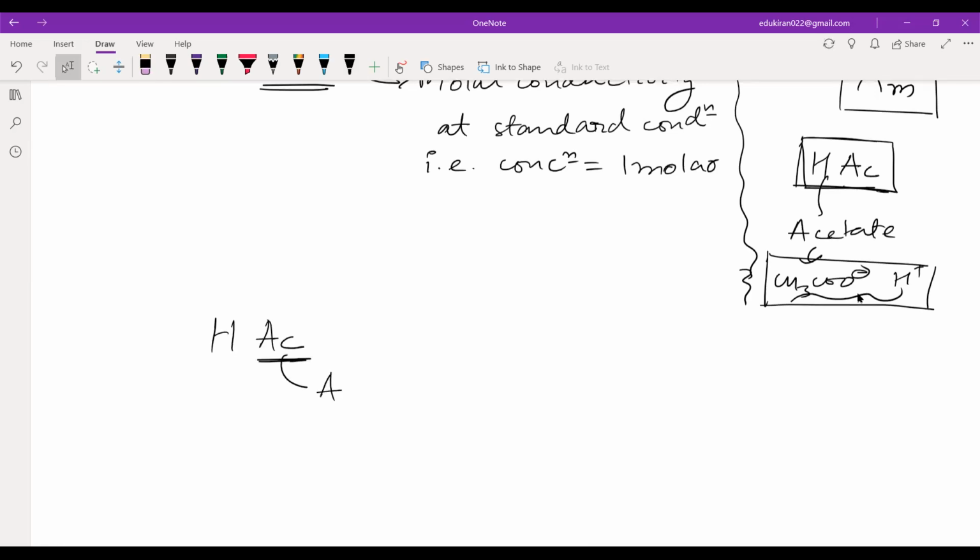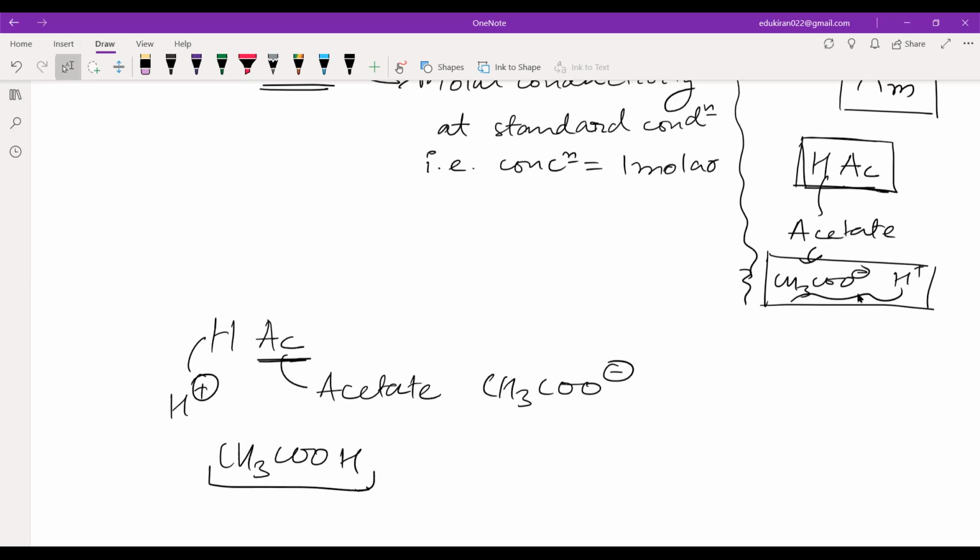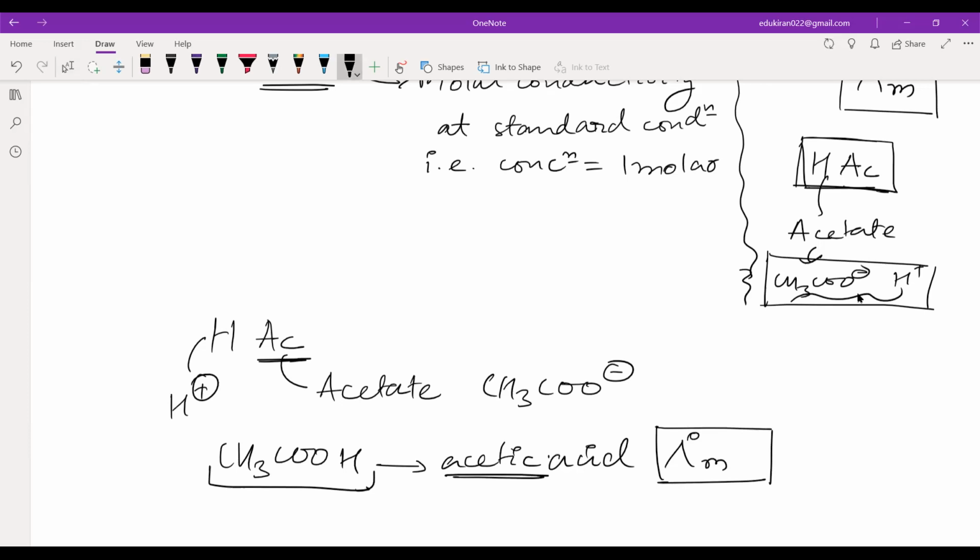So what is this Ac? Ac is acetate. Acetate ion is CH3COO negative. What is hydrogen? Hydrogen is just H positive. So if you mix these two, CH3COOH, this is your acetic acid. So in the last class, we calculated the lambda naught m, that is, the limiting molar conductivity.